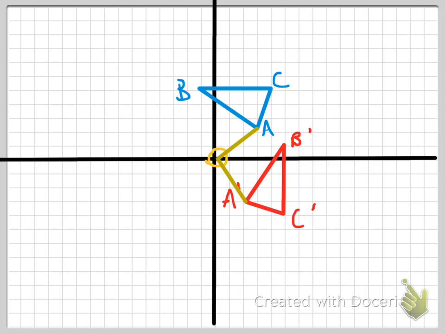And this blue image rotated 90 degrees clockwise, and you can tell because of the angle that point A is to the origin and then point A prime to the origin. So the angle that it creates is a 90-degree angle, and it rotates clockwise.